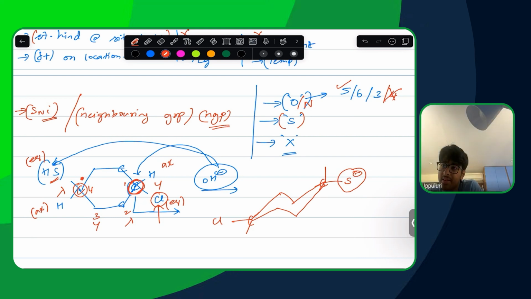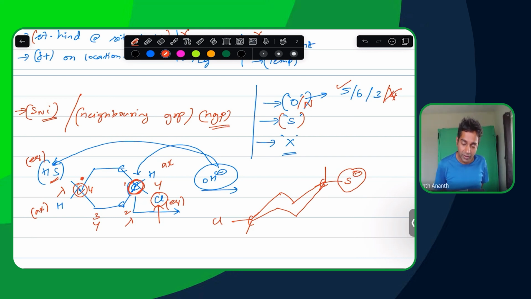So, what's the point which I'm trying to explain here? If neighboring group participation is even remotely possible, it should absolutely happen. And it will take priority over everything else. Why? Because that is that much easier.